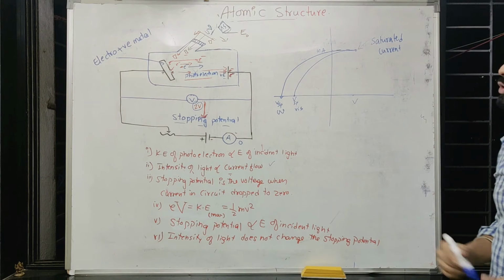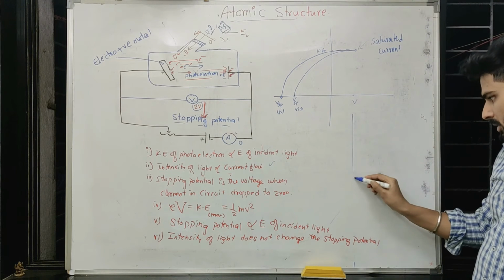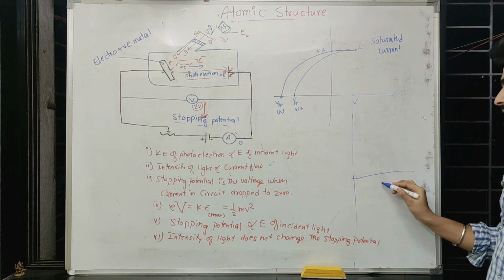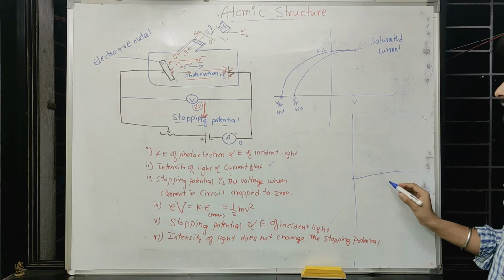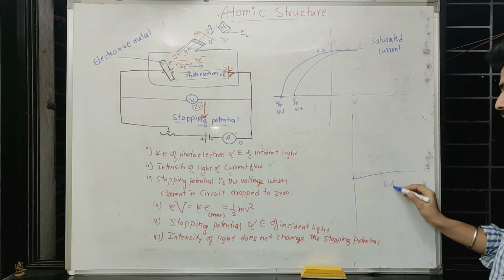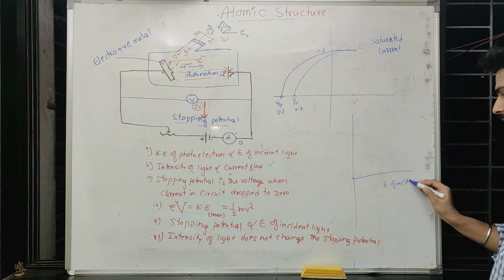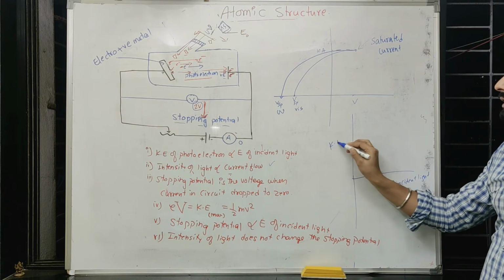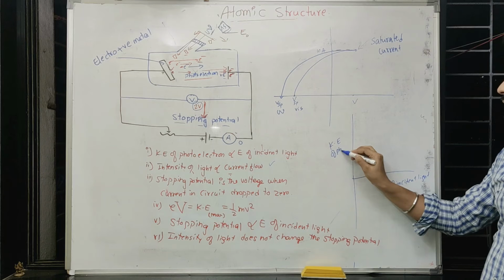So one more graph you can remember here, that is between, let us say, frequency or energy for that matter, energy of incident light, with kinetic energy of photoelectrons.